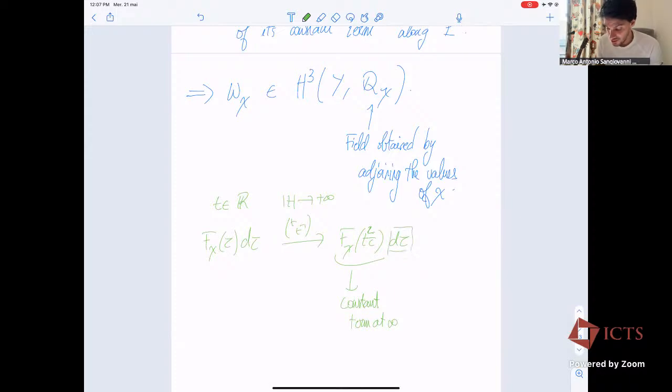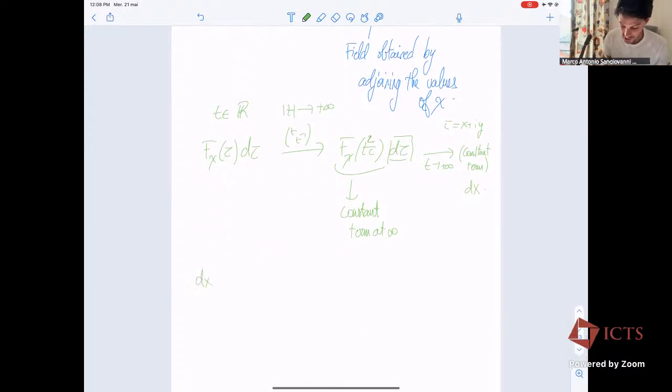And this d tau, so if tau is x plus iy, on the boundary, which is inside P1 of Q, which is inside P1 of R, if I see this inside the compact dual P1 of C, then the limit as t goes to plus infinity will be the constant term times dx, where dx is just the one form on R mod Z, which is the circle that you have attached at the infinity cusp.